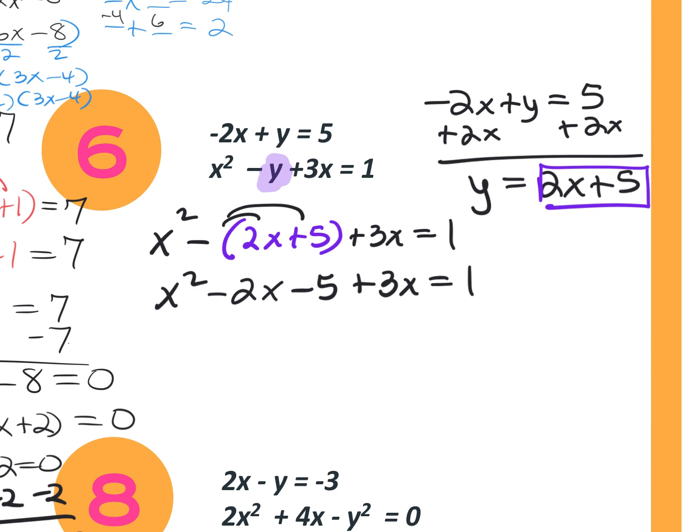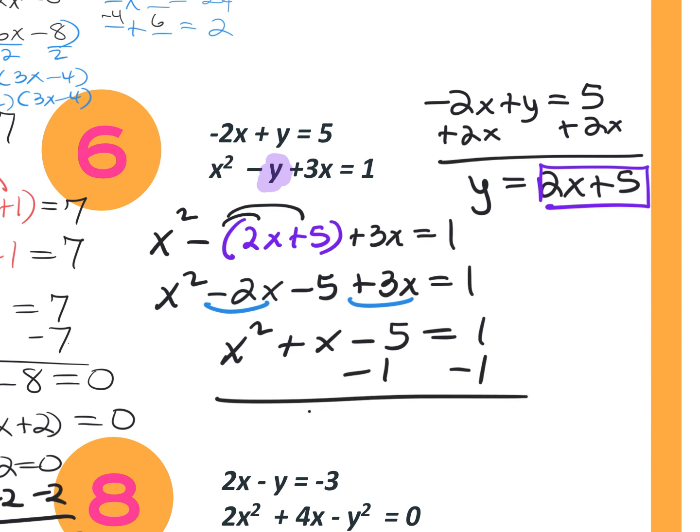I now need to set my equation equal to 0 and combine like terms. So I have a -2x and a positive 3x that I can combine. So that gives me x squared plus x minus 5 equals 1. I need to move the 1 over. And I get x squared plus x minus 6 equals 0.